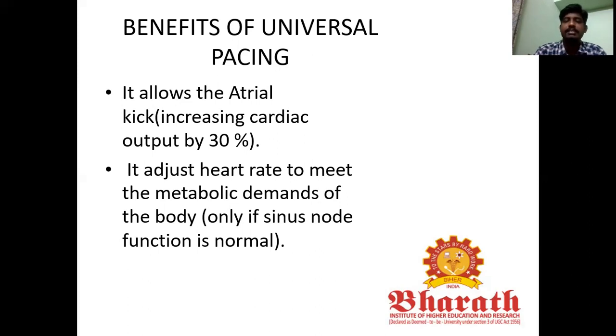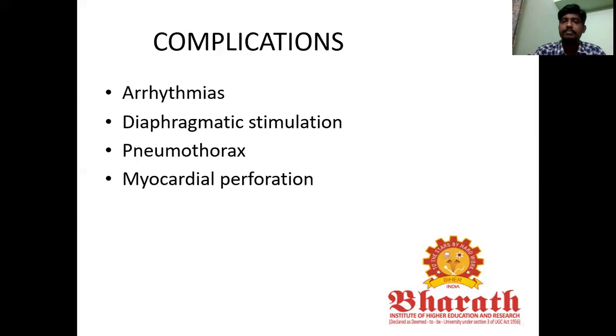It can adjust heart rate to meet metabolic demands of the body only if sinus node function is normal. The sinus node is the sinoatrial node. Where that electrical impulse function is abnormal, the universal pacing method stimulates.